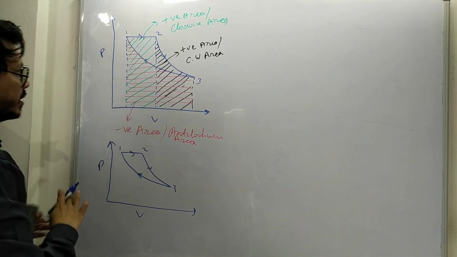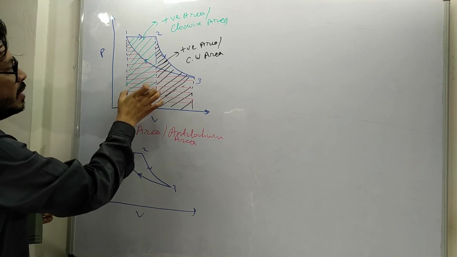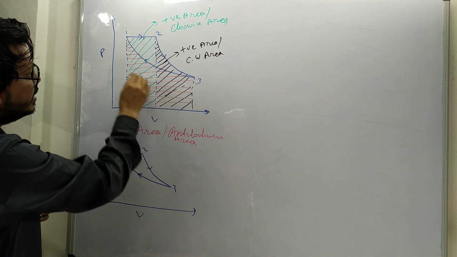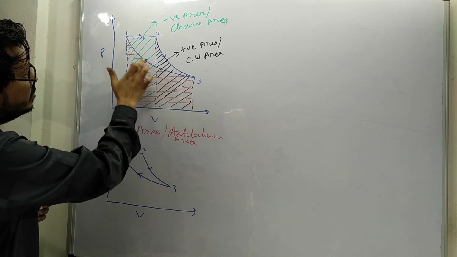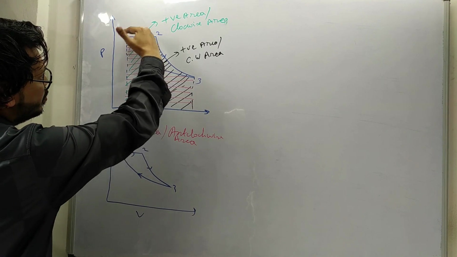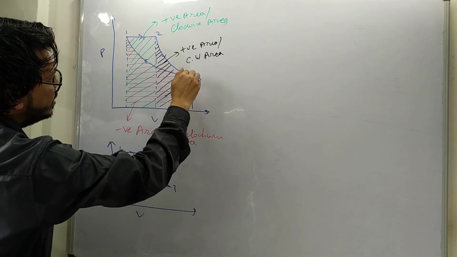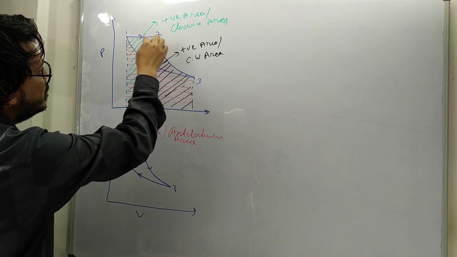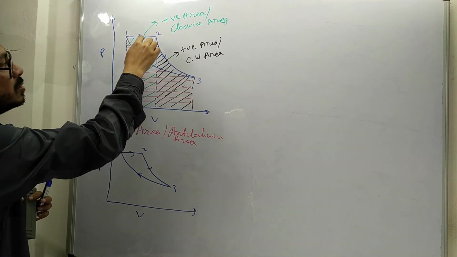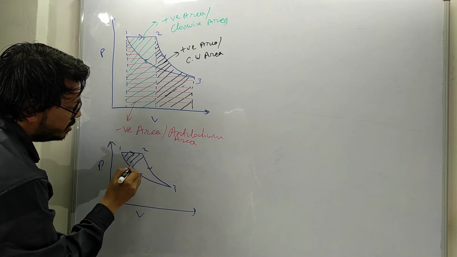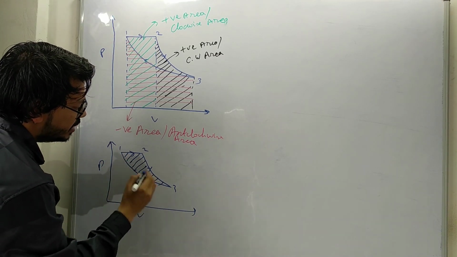The first two are positive areas, and the area under 3 to 1 is the negative area. If we subtract this red area from the whole area, we get the area under the cycle. So this area represents the work done by the cycle.